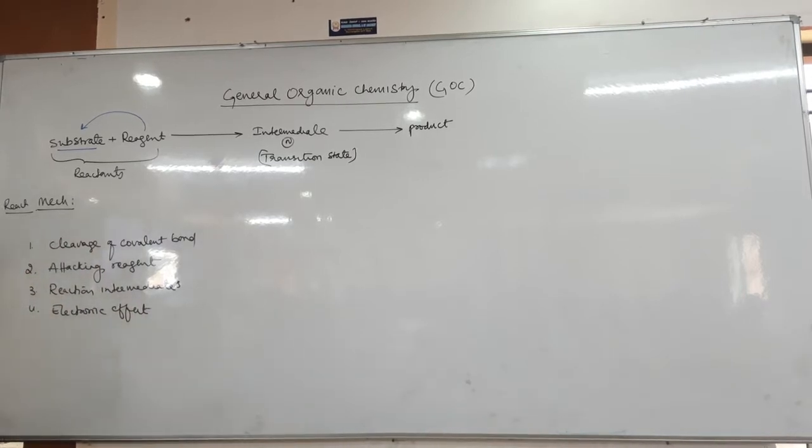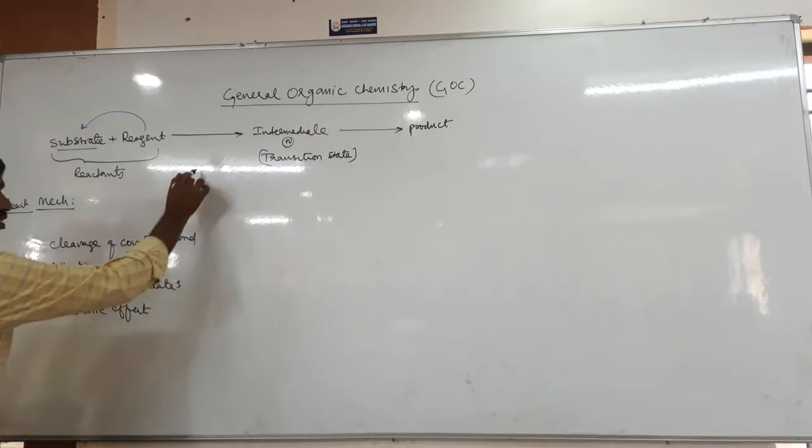So to understand reaction mechanism, we need to understand these 4 concepts: the cleavage of covalent bond, attacking reagents and their types, reaction intermediates and their types, and finally electronic effects.